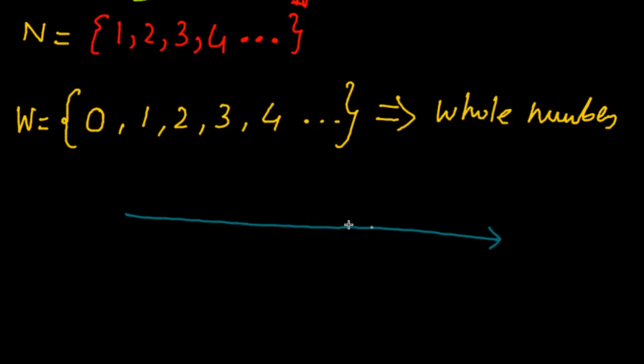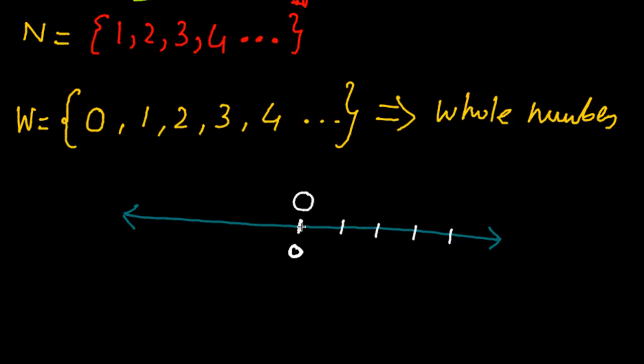Suppose this is a straight line. Yeah, you have to suppose that this is a straight line. This is some point O, and these are some divisions that I have made on the line. This is the center point O, and it has been labeled as 0 over here.